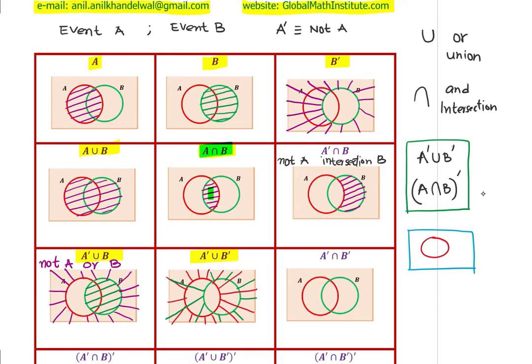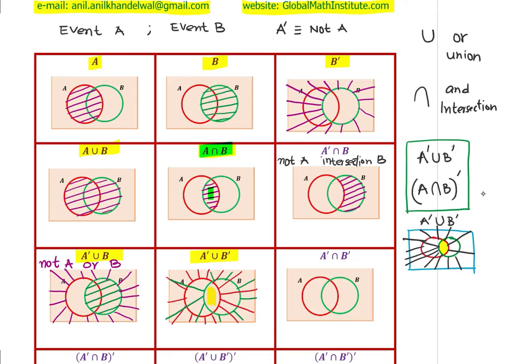We have these two events, A and B, and we want to shade the complement of A union complement of B. Basically, if I could directly do it, it was like this. Do you see that? Everything outside of the intersection. You get the idea. So the only portion which is left for us is this portion in between.